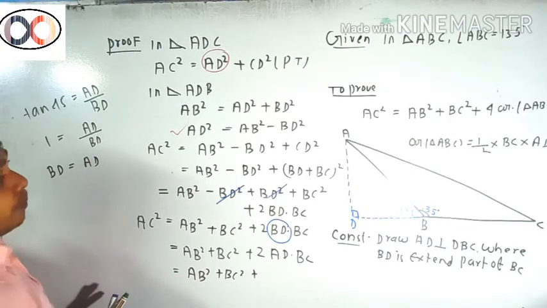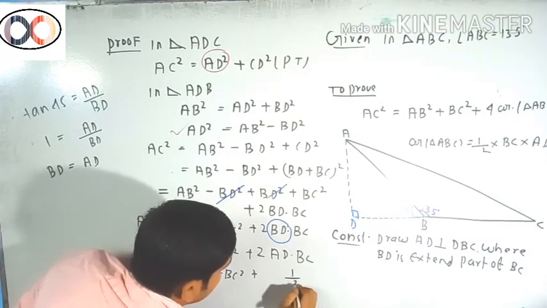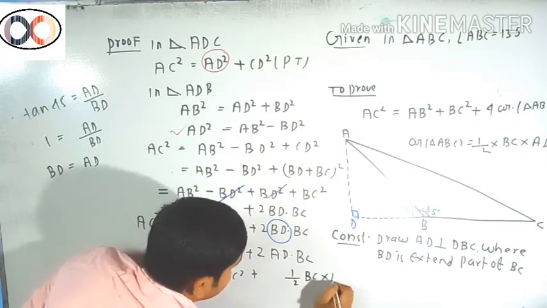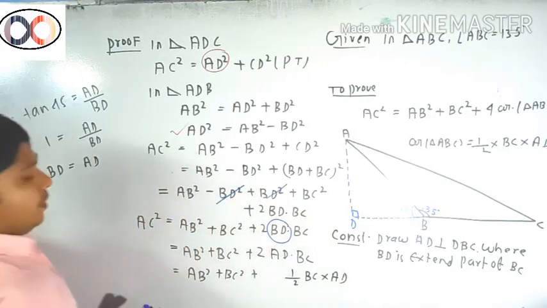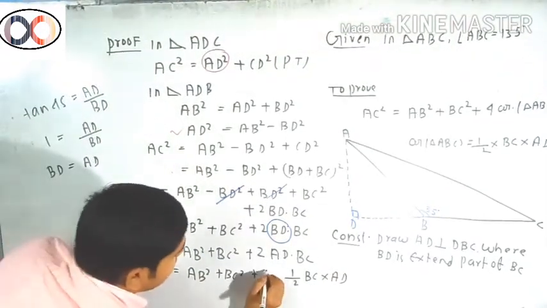We need 4 here, so we multiply by 1 by 2 BC into AD, and the 2 will be cancelled, so we can write 4.